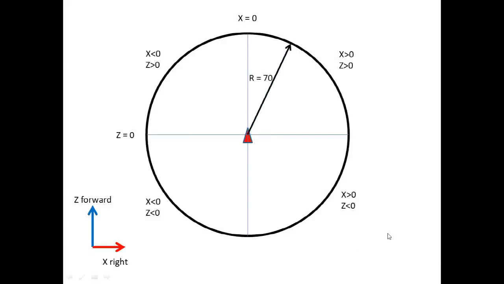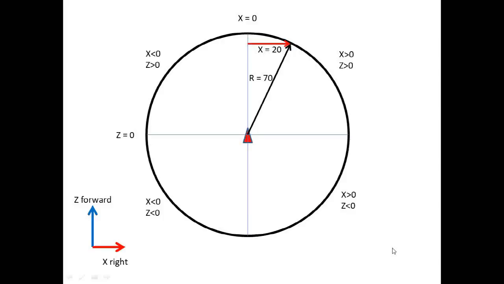Now say we wanted to, I'll put it 70 here, I've decided it's 100, but never mind. So we wanted to spawn an enemy up here at the end of this arrow. So we can automatically decide what we want our X value to be. So it can be any value between X equals 0 and X equals the radius.